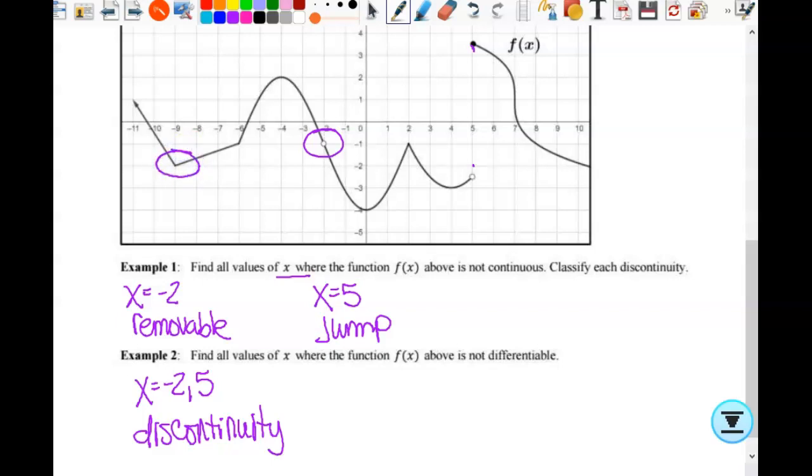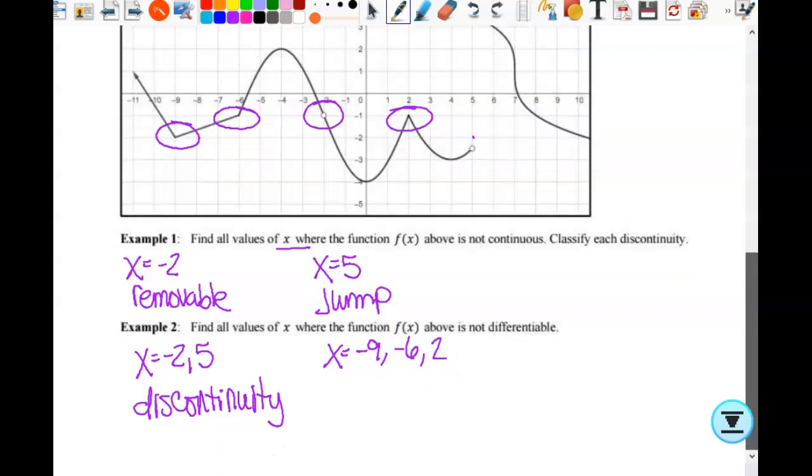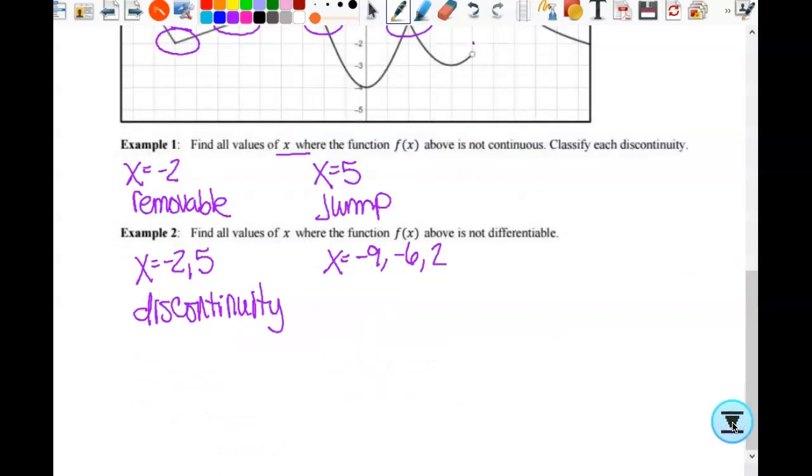Because we have a sharp turn. You agree with that? Here, we have a sharp turn. And here, we have a sharp turn, right? So then I can also say it's at x equals -9, -6, and 2. And my reason can be sharp turn.